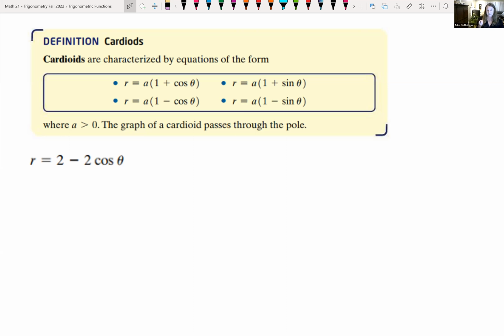So if we're taking some value a plus or minus a sine theta, or a plus or minus cosine theta, a value is greater than 0, then we have a cardioid that passes through the pole. And so looking at this next equation, r is equal to 2 minus 2 cosine theta. This looks like one of those above. And so I know that looking at this, I'm going to have a cardioid shape.